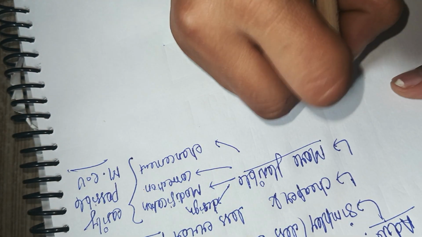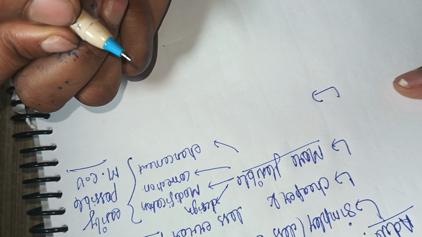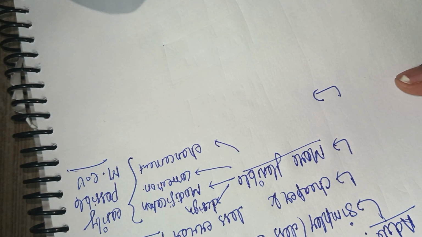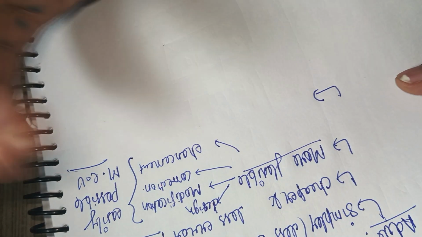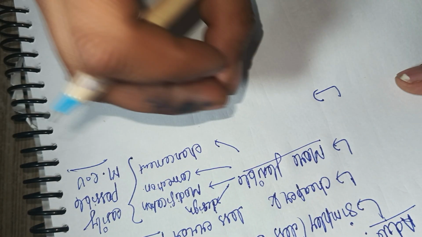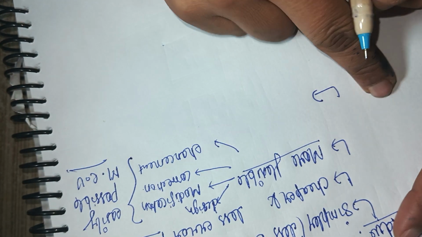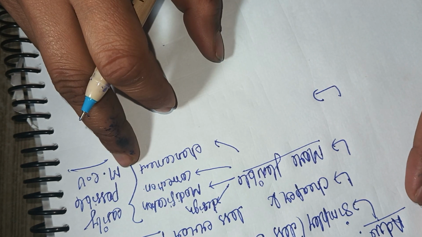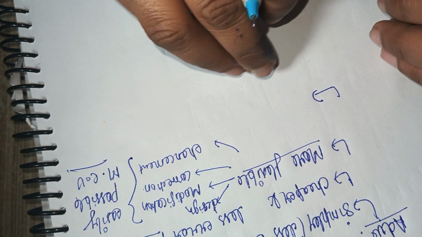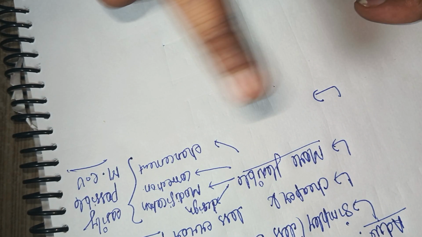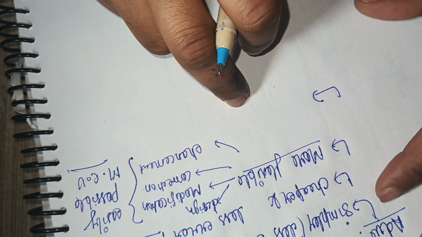And the third one is that a new or modified instruction set of the CPU can be easily implemented by simply rewriting or modifying the content of the control memory. Basically, if we compare the hardwired control unit and the microprogram control unit, what was a disadvantage in the hardwired control unit is an advantage in the microprogram control unit.